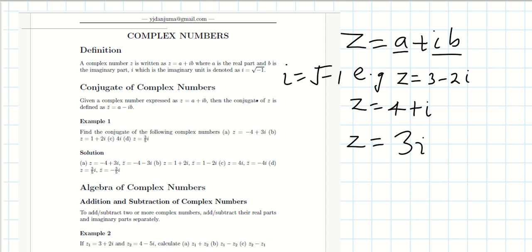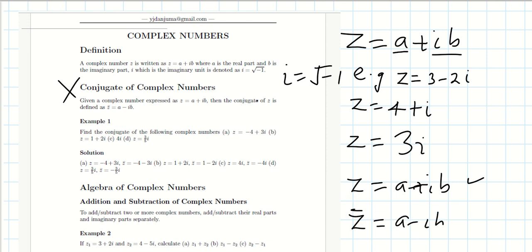Now, going to the conjugate of a complex number, it is defined as follows. This is our z, equal to a plus ib. The conjugate of this complex number, z bar, is equal to a minus ib.